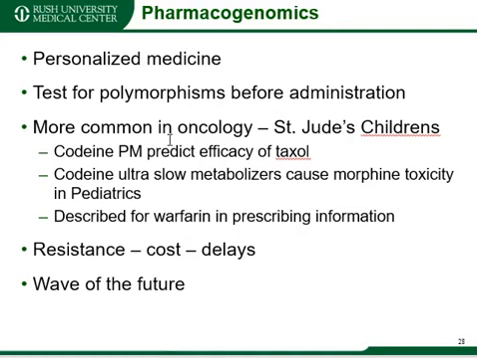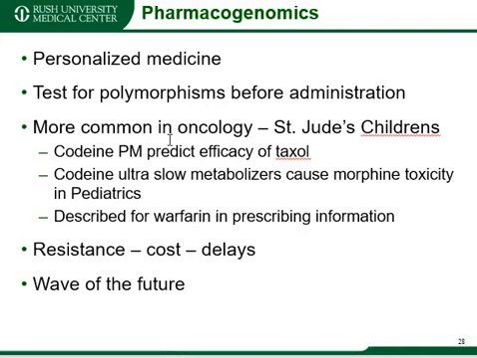This concept has really been developed in oncology. St. Jude Children's Hospital has done some great work initially, and now lots of people are doing it. That's kind of the new thing now, where we can give another drug to kind of predict how efficiently some of these patients are going to be metabolizing some of the chemotherapy.